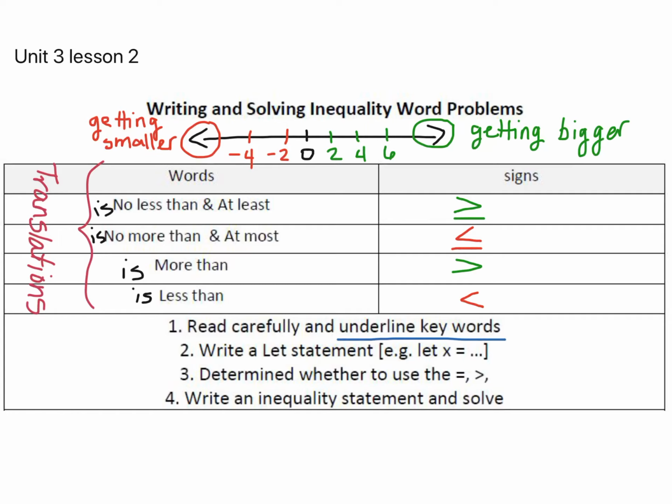We will need to determine, so I'm going to be using either red or green, and I will circle based upon which symbol we need to use. Again, red will be the less than or equal to. Green will be the greater than or equal to, okay? Finally, we are going to write our inequality statement and then solve it out, okay?